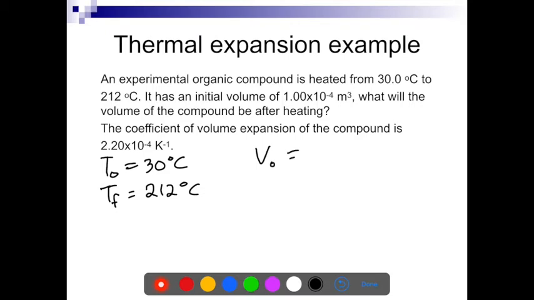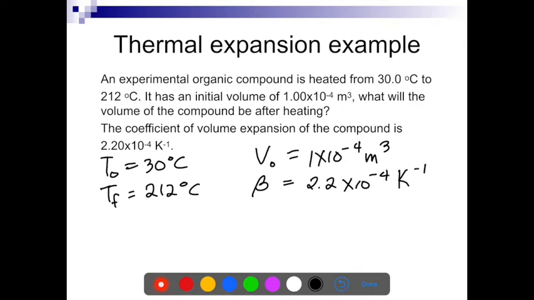To be consistent with the equation on volume expansion, I'll use V0 to indicate the initial volume, and that is 1 times 10 to the -4 cubic meters. We are given the coefficient of volume expansion beta, which is 2.2 times 10 to the -4 Kelvin to the -1.